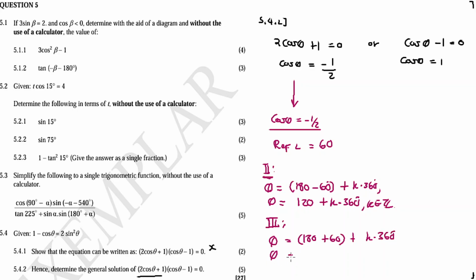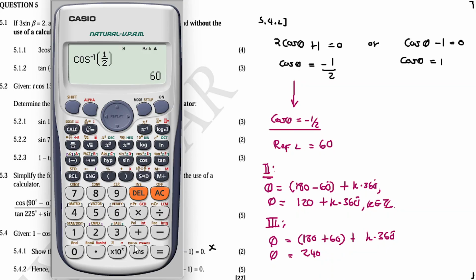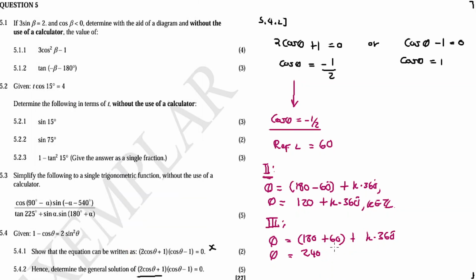Therefore theta is 240 plus k times 360, where k is an element of integers.